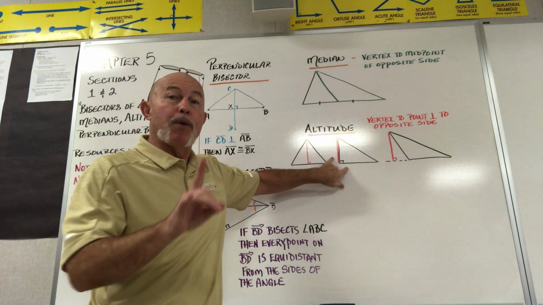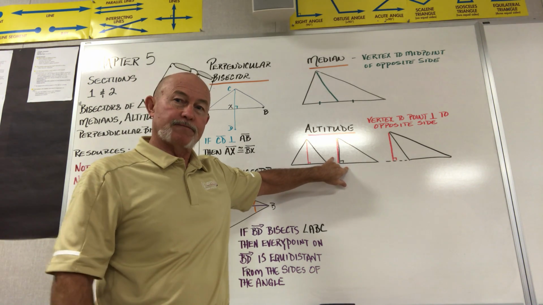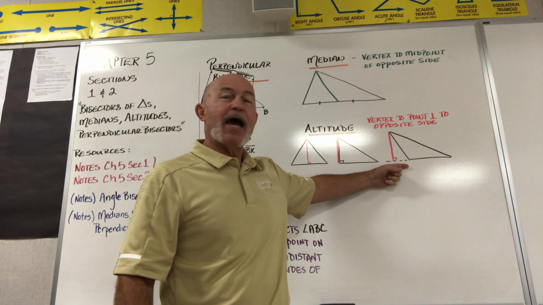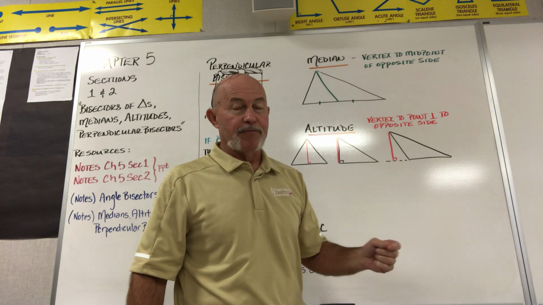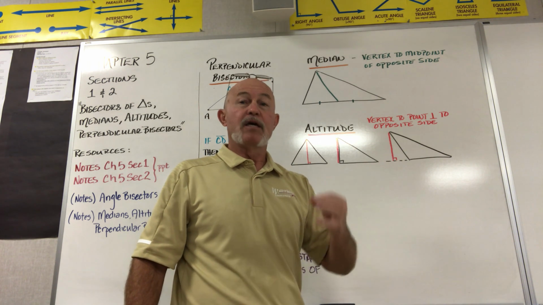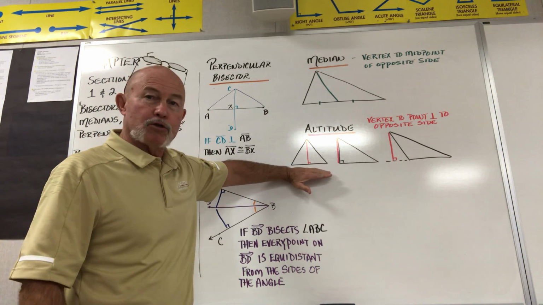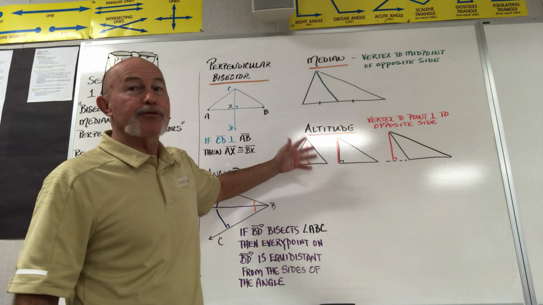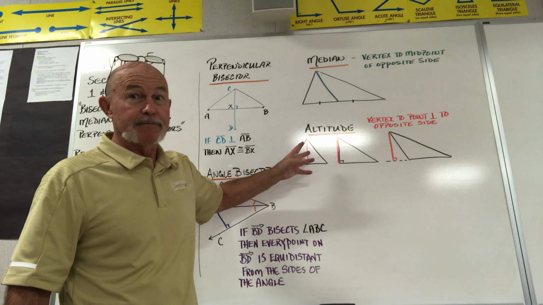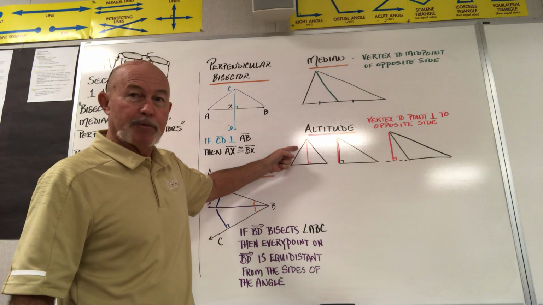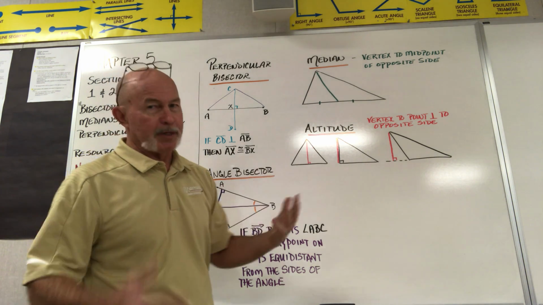It can be a part of the triangle. It can be outside the triangle, and you'll see that on obtuse triangles. So, in acute triangles, it's going to be inside, and there are 3 of them. They'll all be inside.